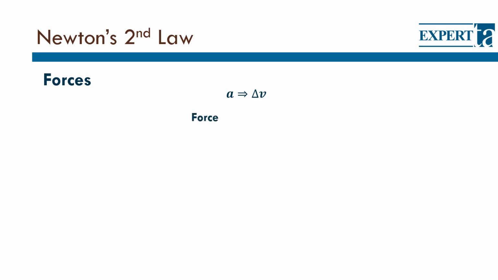But we have to look at how many forces are acting and whether they cancel each other out. So we can define this as: a net force causes acceleration, which causes a change in velocity. This force is proportional to the mass of the object, and this mass is the inertia, which is the amount of substance contained in an object, and it is a measure of the resistance to motion.